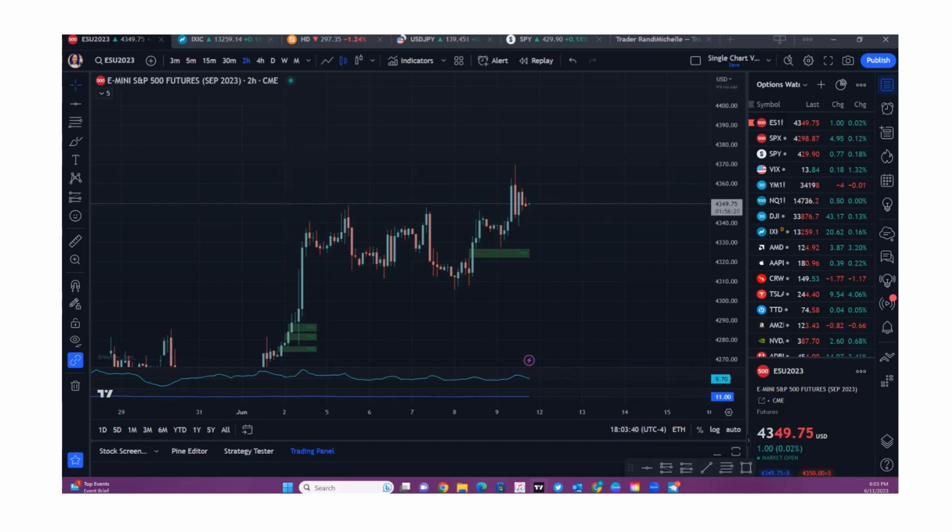I would trade cautiously because, as we know, the NWOG, so like where the 1 week ends and the next week opens, those are magnets for price. Right.